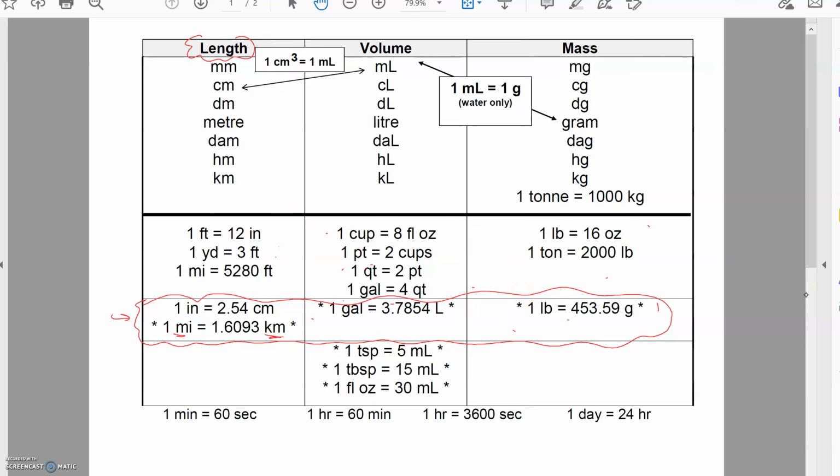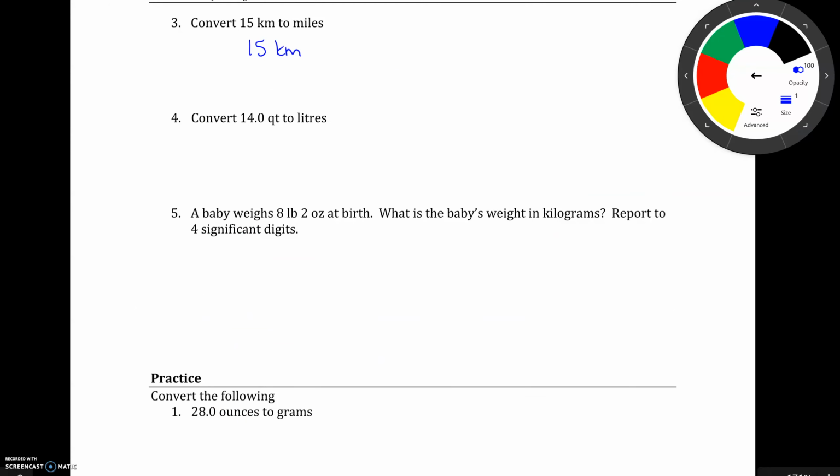Amazing. I've got a conversion factor that'll let me do exactly that. So next to my initial measurement, I'm going to put my conversion factor. I put the units that I'm starting with in the denominator, the units that I'm converting into in the numerator. I have 1.6093 kilometers to 1 mile.